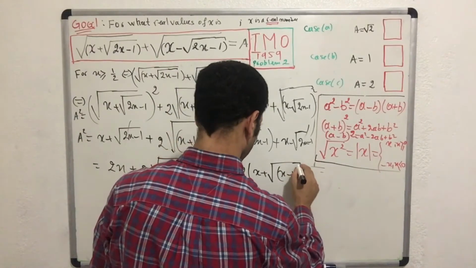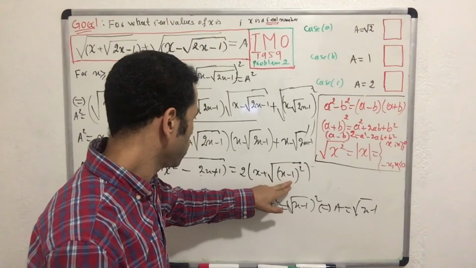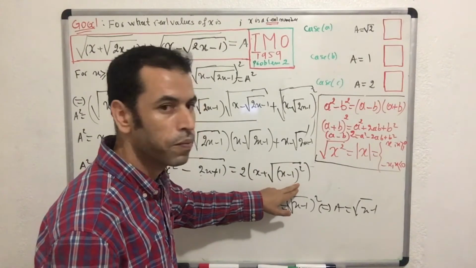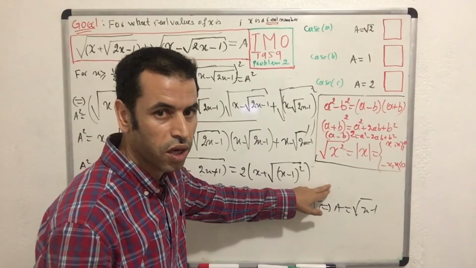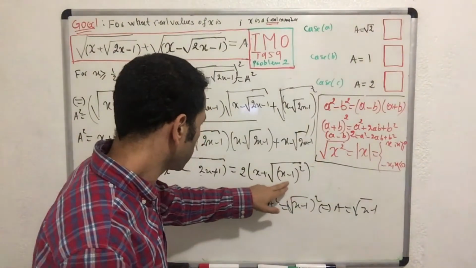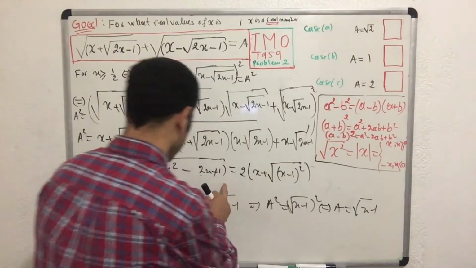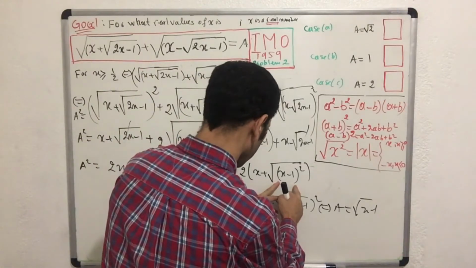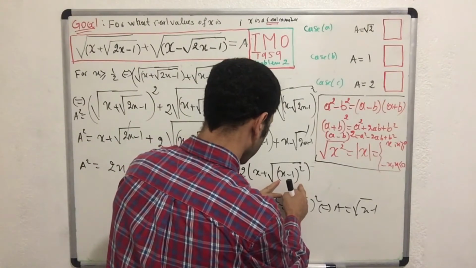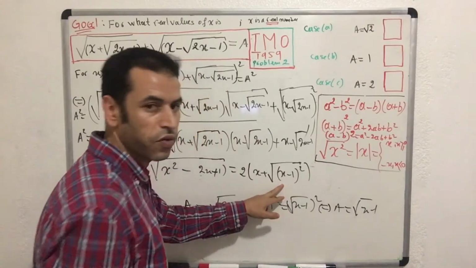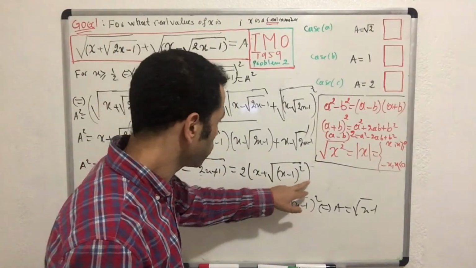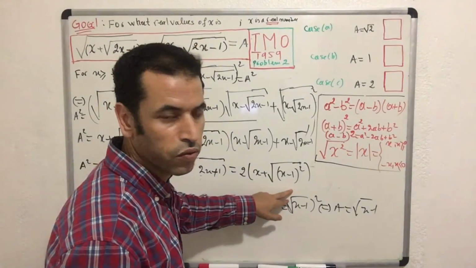square, okay? So the number which is taken out has to be positive when you take it out, because we don't know the sign of this quantity. We don't know the sign of x minus 1. If it is negative, it makes a problem, because we cannot put negative numbers inside of the square root.